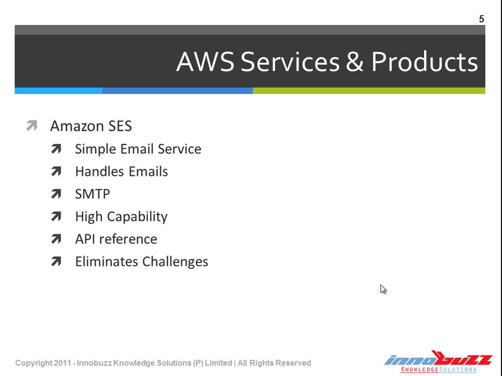The Simple Email Service, as the name indicates, is an email handler for our web service, and it handles the email out of our web server. We have a web application which needs to send emails in some cases, even millions of emails to its users, and server overhead might occur if we use the web server which is running for handling the port 80 request.